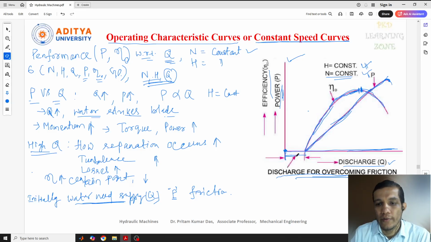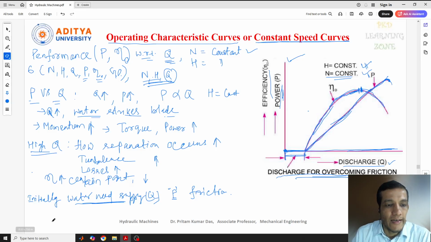Slowly it needs some gap, so the performance will start after some point from the origin. At this point the efficiency will be very less, negligible, that's why it is ignored. Because there is no water flow, no momentum is created, so no power is generated here.